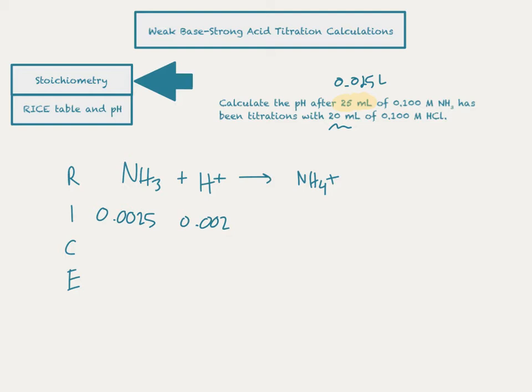Obviously, we just have a little bit more of the ammonia than we do the H plus ion. And because this is a strong acid, this is going to react completely, which means all of my moles of acid will go away. Most of my moles of ammonia will go away, and I will be adding a bunch of this ammonium ion.